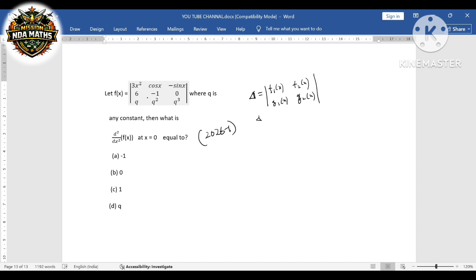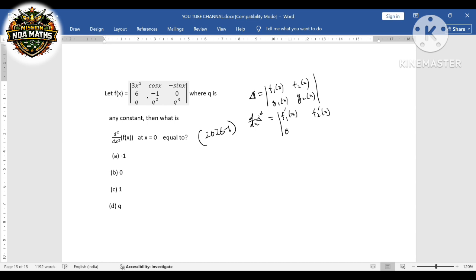Now if I have to find the derivative of delta(x), or d/dx of this determinant, we differentiate row wise. First I differentiate the first row: f1 becomes f1 dash x, and the second element f2 becomes f2 dash.